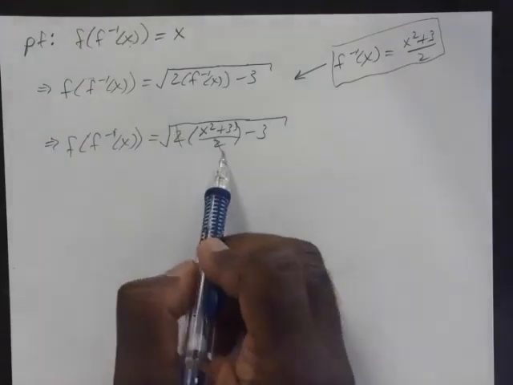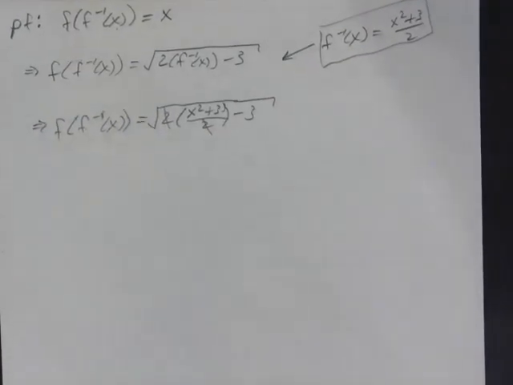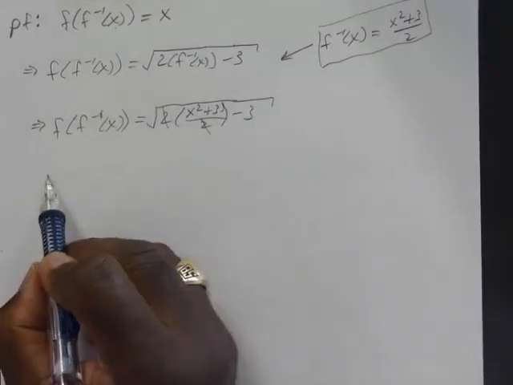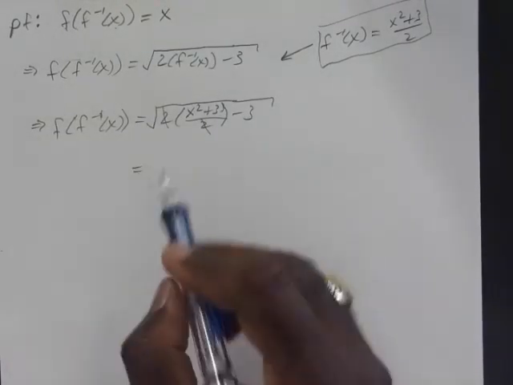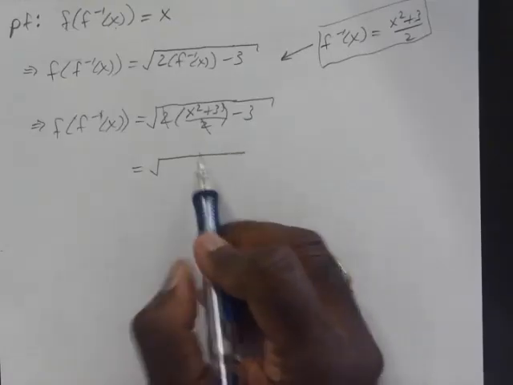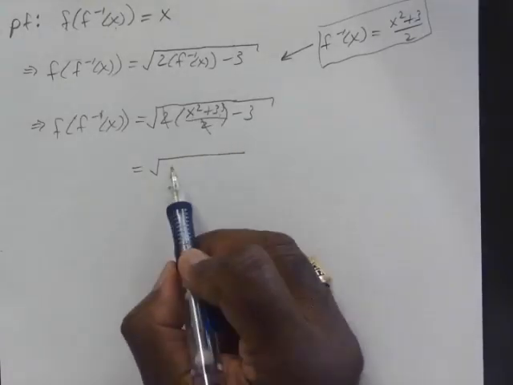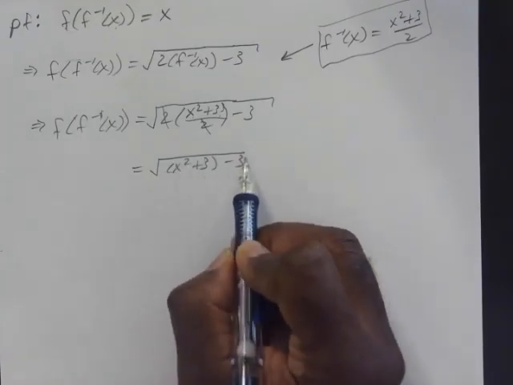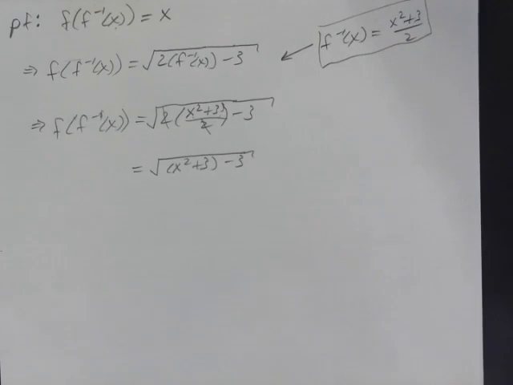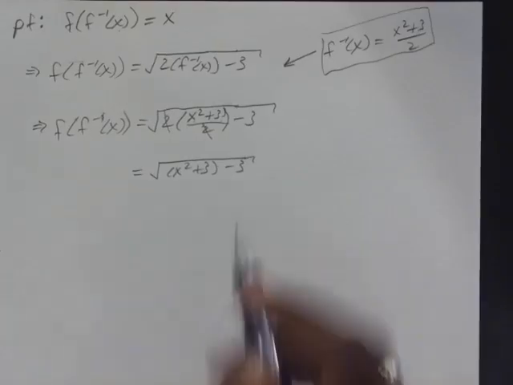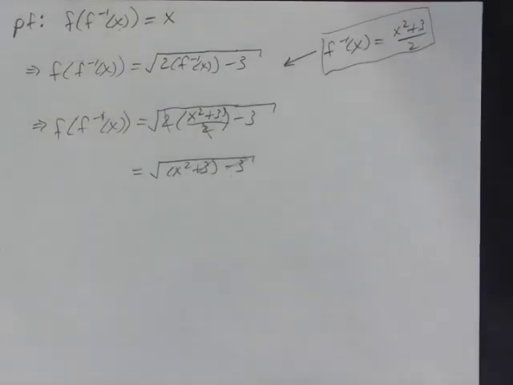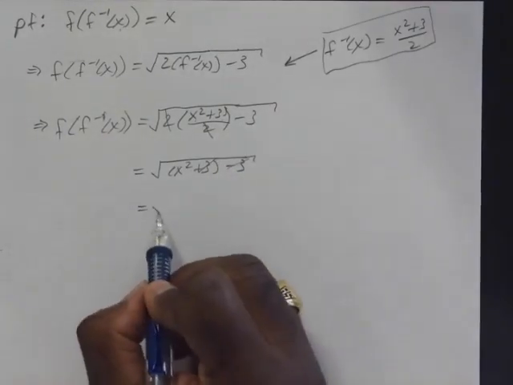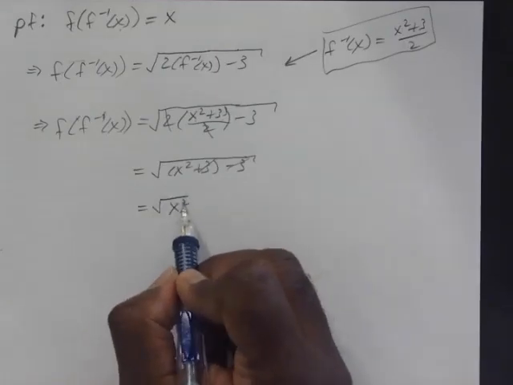We can see here the 2's cancel each other out. Anything divided by itself is just 1. So that gives us the square root of x squared plus 3 minus 3. Well, the plus 3 and minus 3 equals 0, so they cancel each other out, which leaves us with the square root of x squared.